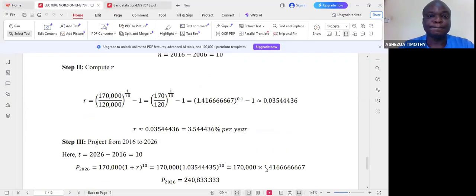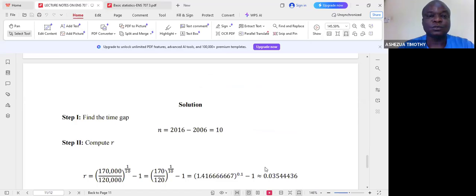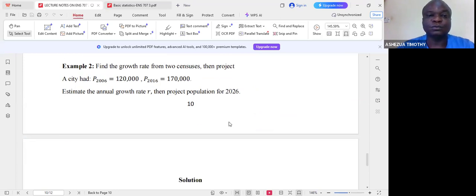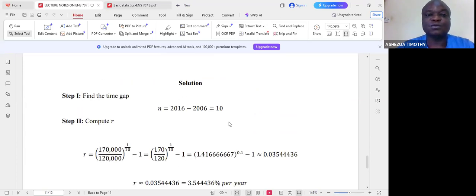And as you know, 2016 is your P2. 2006 is your P1. So the first thing to do is to find the time gap between 2016 and 2006. So this is 10.